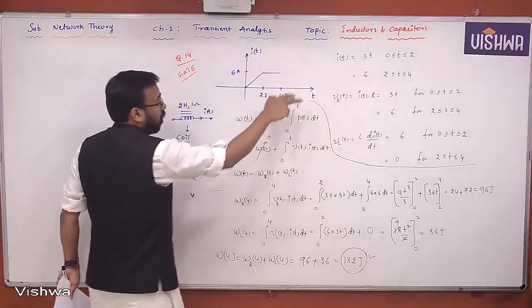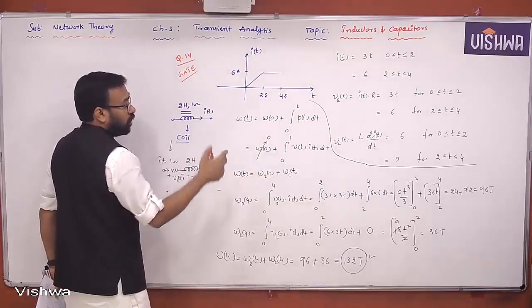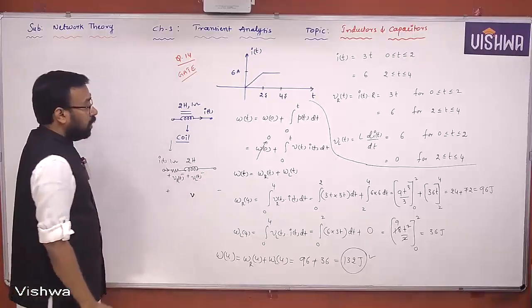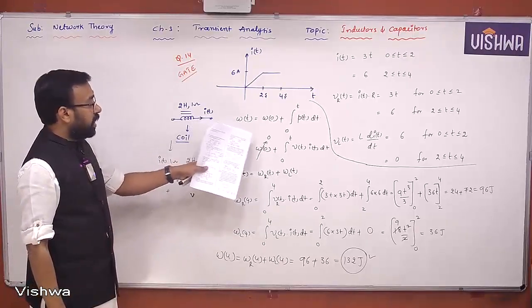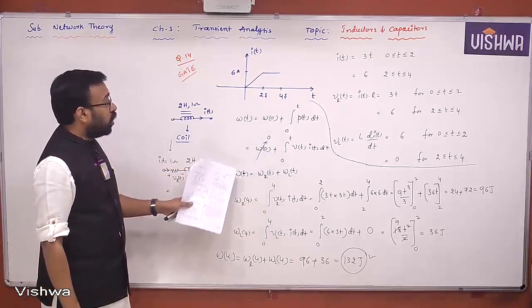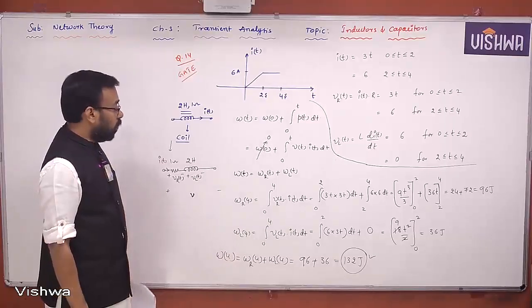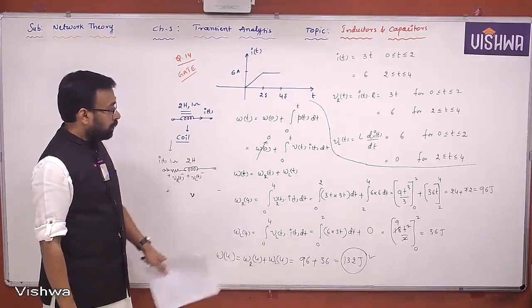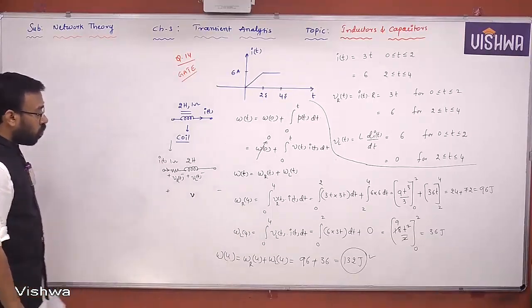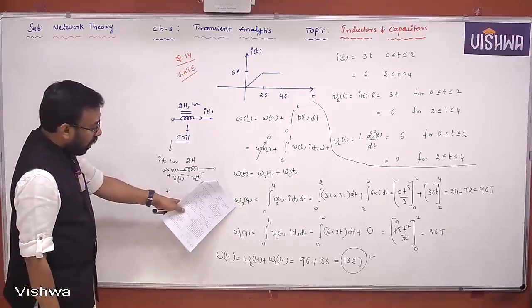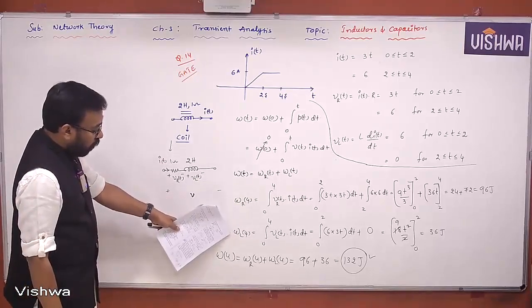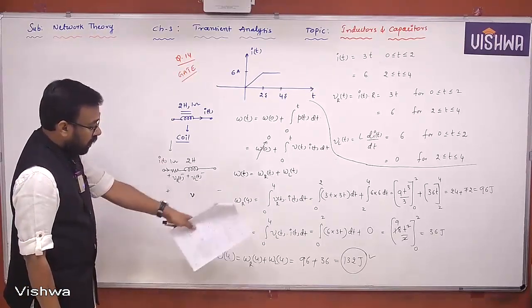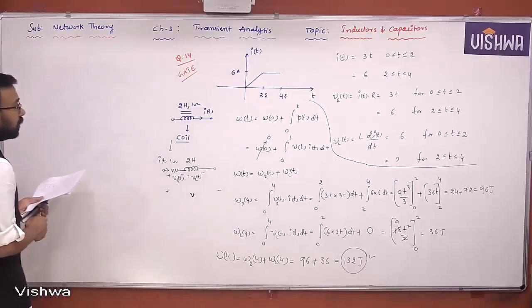Then if you find the product, you will find the power. Once you know instantaneous power, you can directly find instantaneous energy, and then you find the total energy when you substitute t equal to 4 seconds. That's it. So I have taken here WR of 4, WL of 4, total W of 4, simply 132 joules.